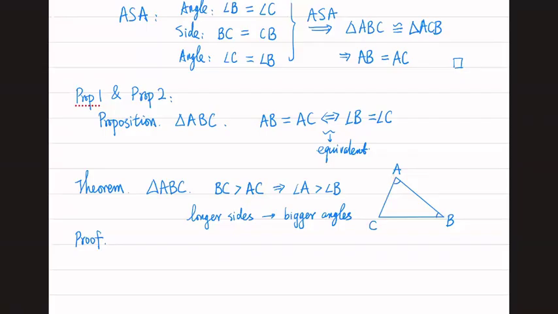Okay, so to use this information, I will find a point on BC such that the length is equal to this. Because this is longer, we can find a middle point such that these two are the same length.